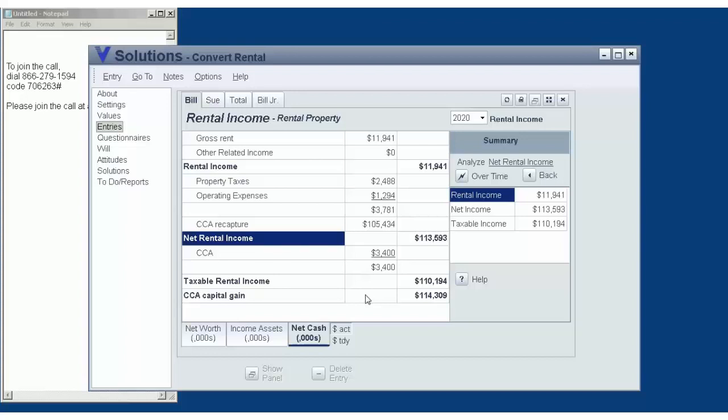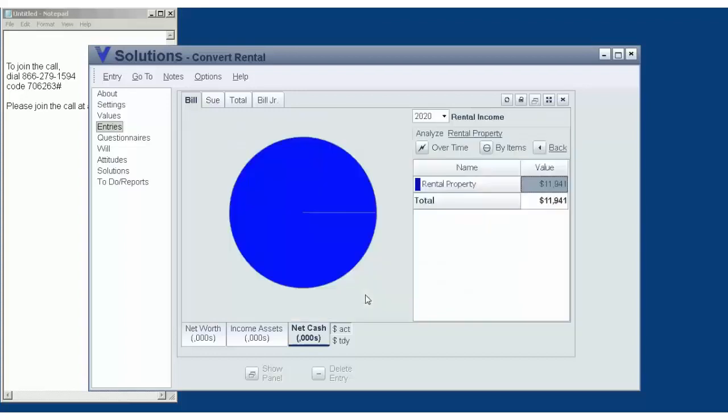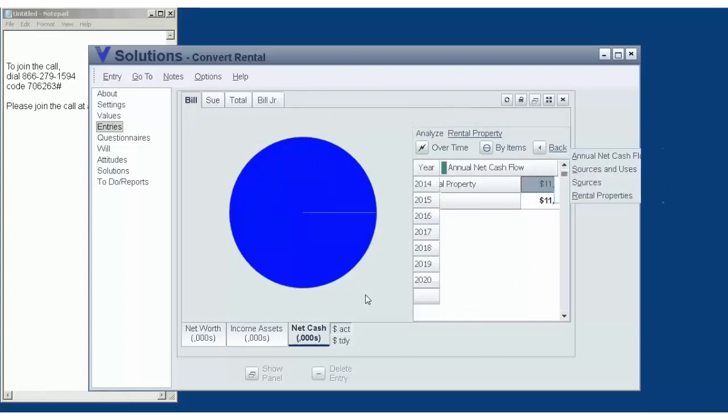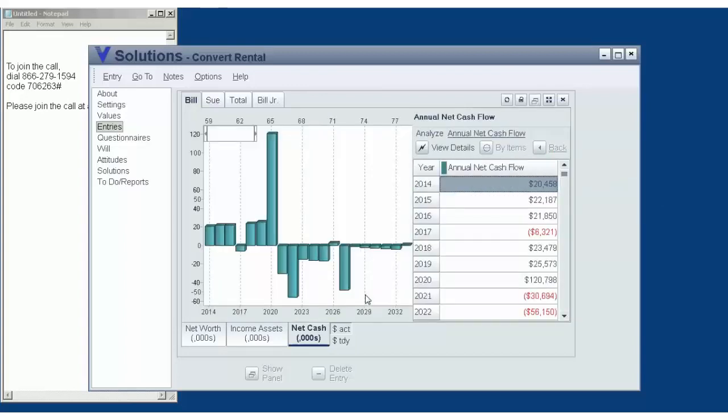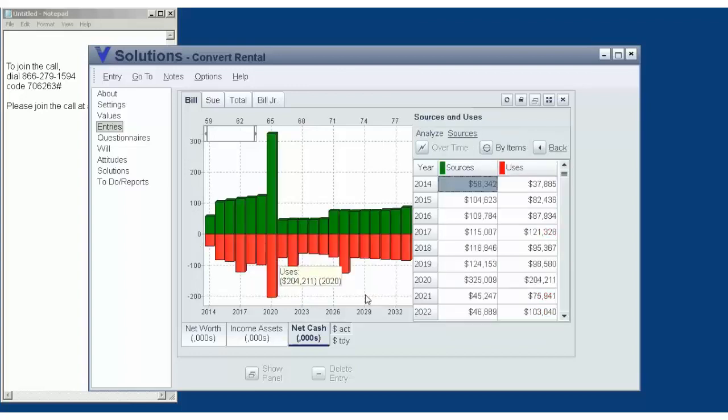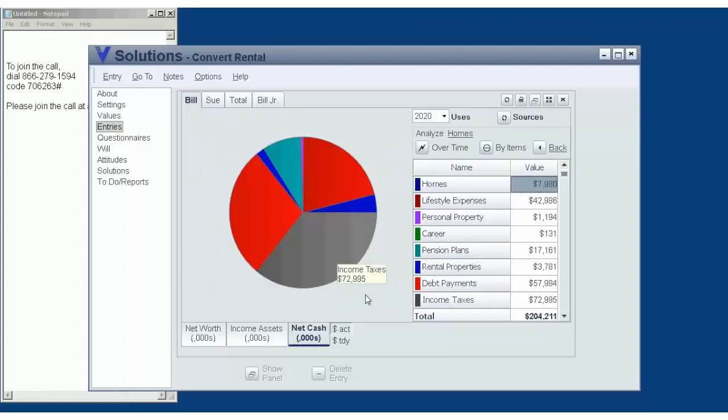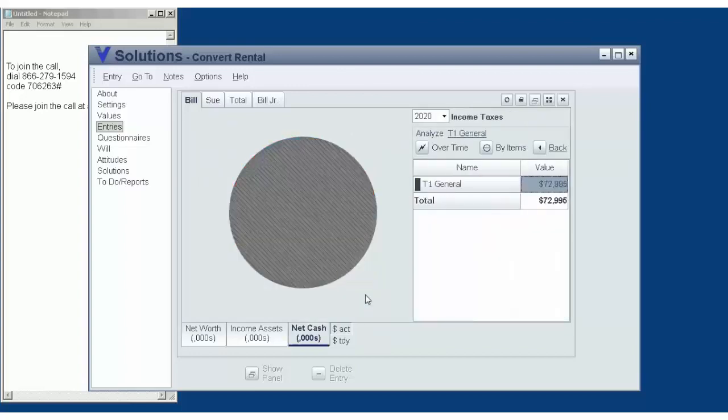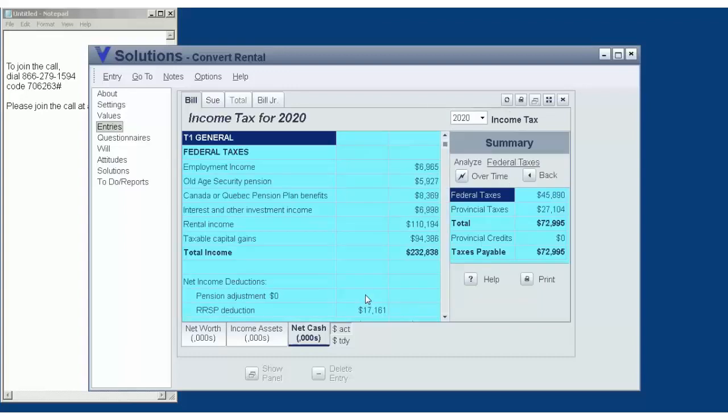And if we want to have a closer look at that, we can go back and look at the income tax implications. This is again why we needed to navigate, see how we could bring up taxes. We can look at the income tax implications the year of conversion.